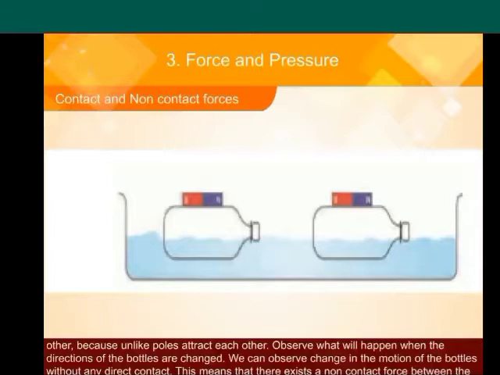Observe what will happen when the direction of the bottles is changed. We can observe change in the motion of the bottle without any direct contact. This means that there exists a non-contact force between two magnets.